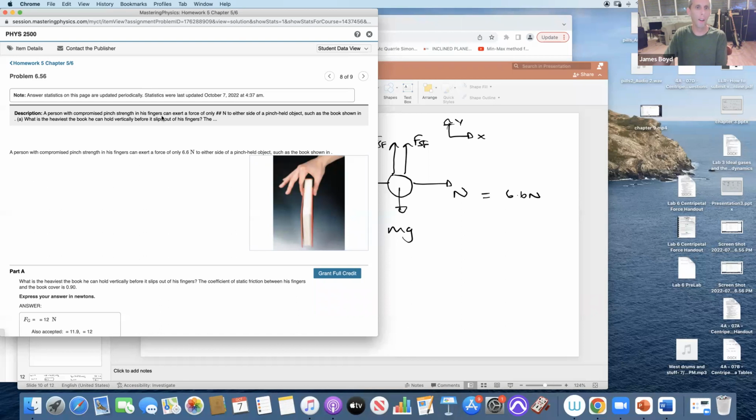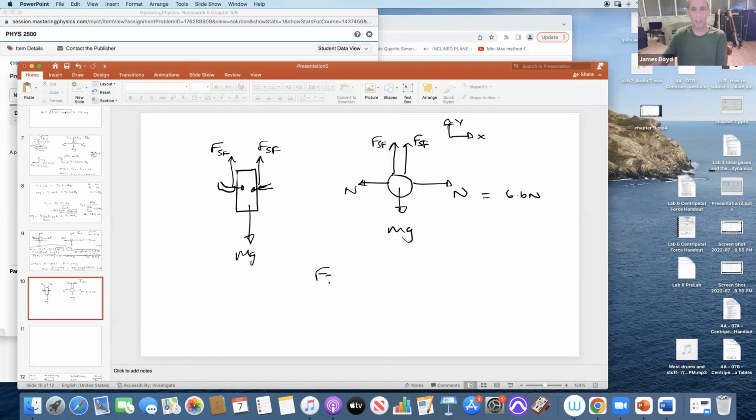And what is the heaviest book we can hold if we assume that the friction has a coefficient of 0.9? So static friction forces are mu n, we know n.